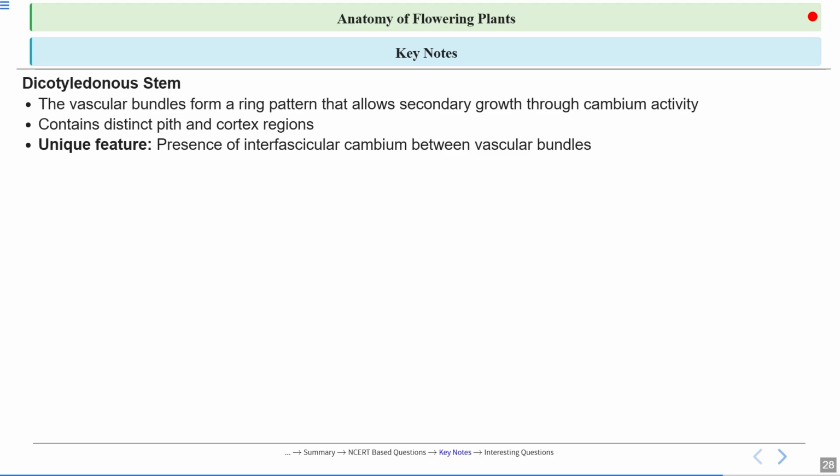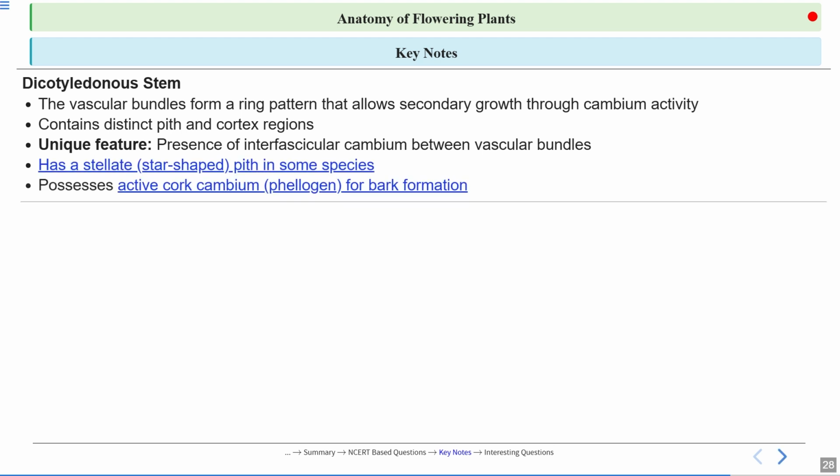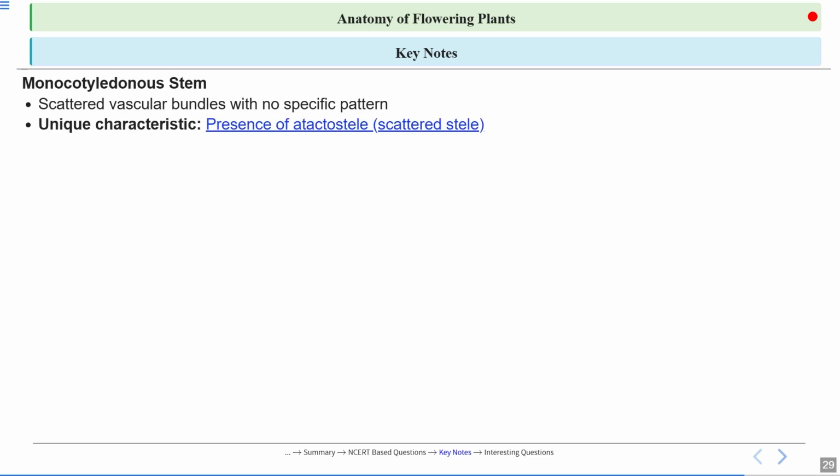When there is secondary growth, some of the parenchymatous cells present between the vascular bundles behave like cambium and form a full-grown cambium layer. The pith is stellate, star-shaped in some species, and the stem possesses active cork cambium. Monocot stem: scattered vascular bundles with no specific pattern.